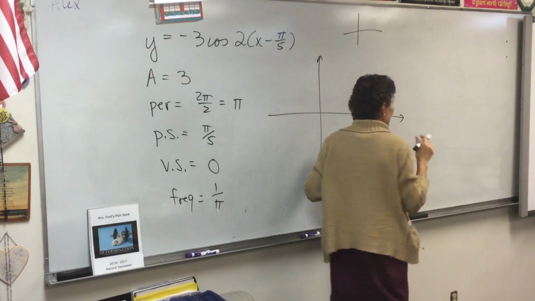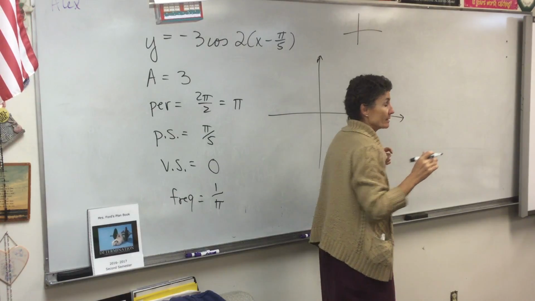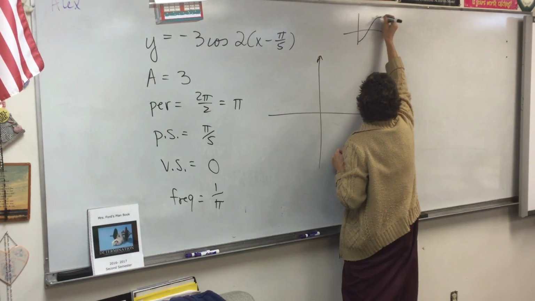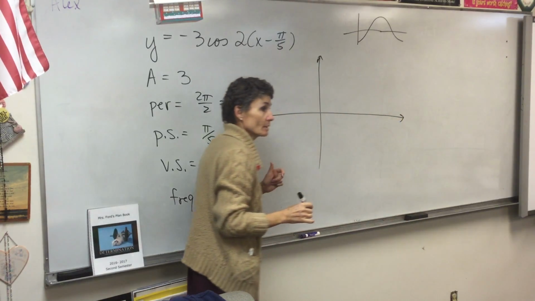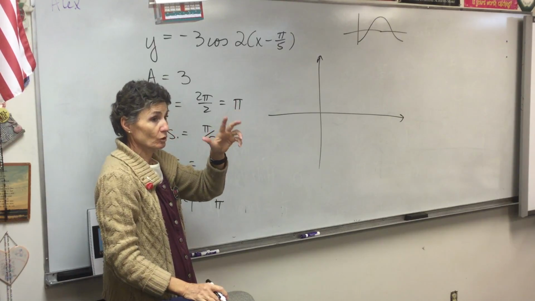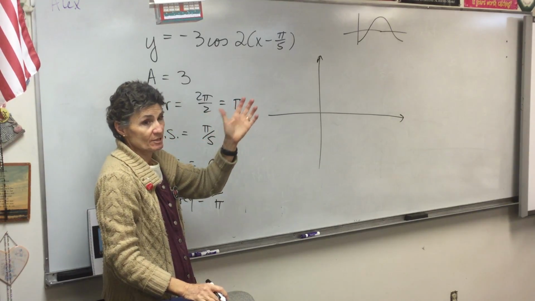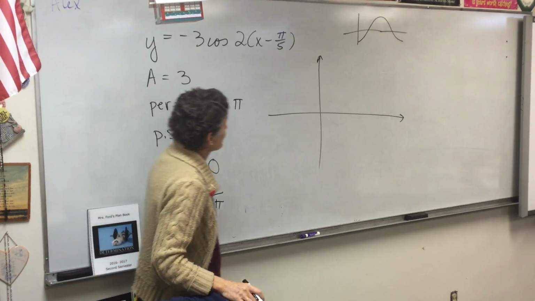So this is a negative cosine, an upside down cosine. So an upside down cosine looks like that, right? Now, those of you new to the class, if you don't know what those look like, well, actually you should because they're BFFs. So we all should know what those look like. So that's an upside down cosine.